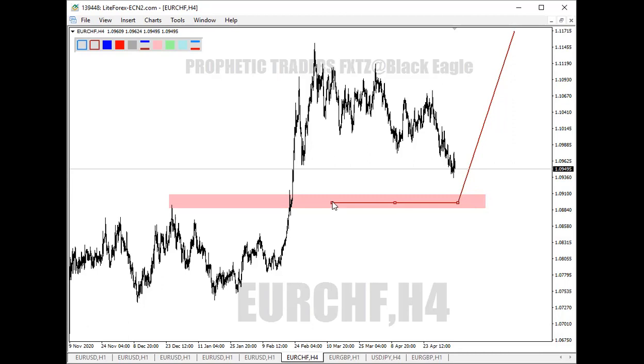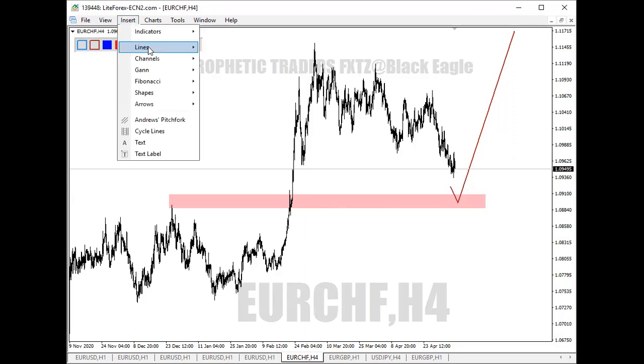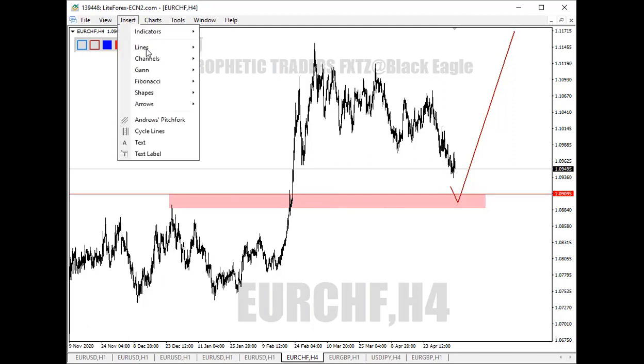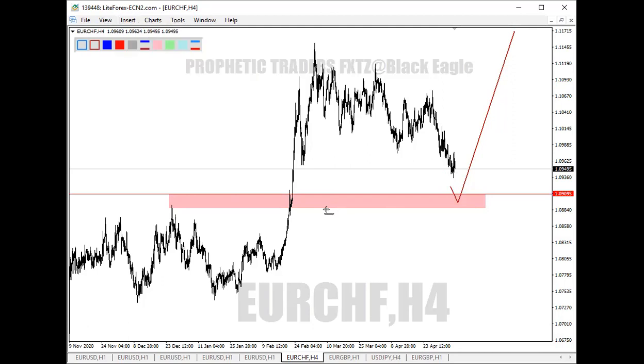I can change the color because some people struggle to see when you use light colors. Okay, I will change it for them. Let's be careful. So this area is a demand.